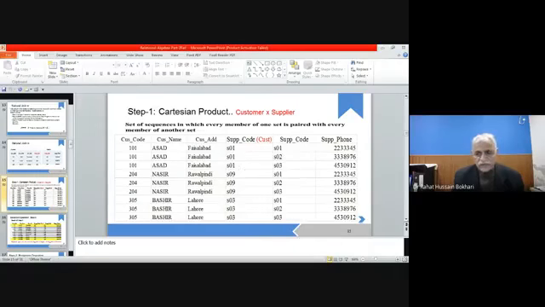And the second step is that we have to use the select operator in order to pick the rows in which the common attribute, that is supplier code from the customer and supplier code from the supplier, have equal values, and the others we have to discard.